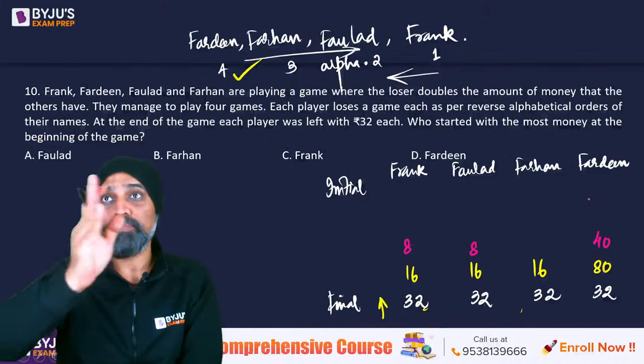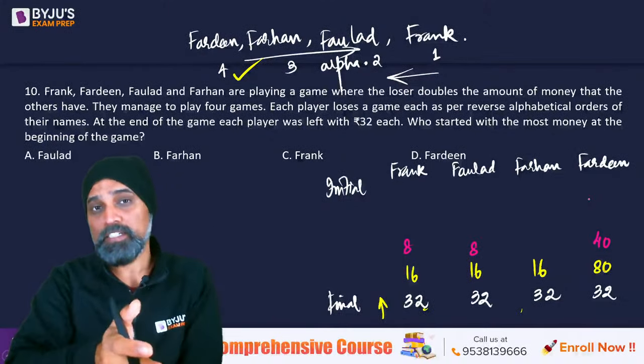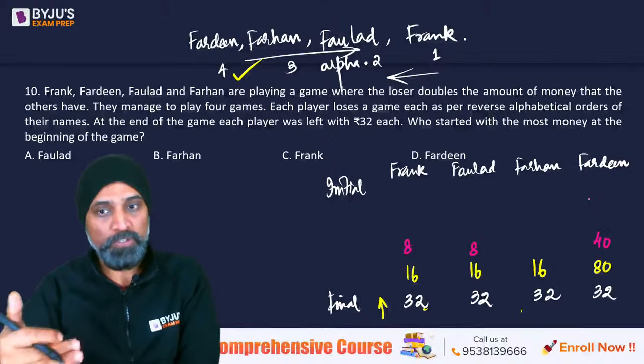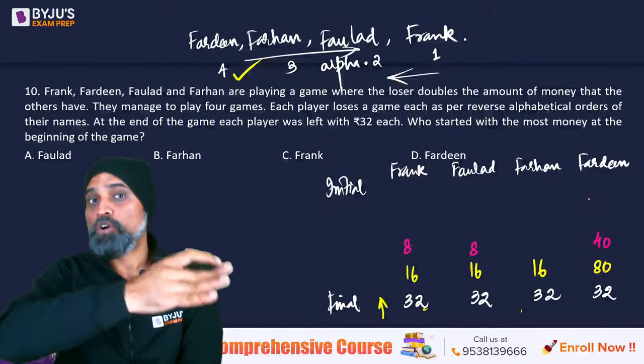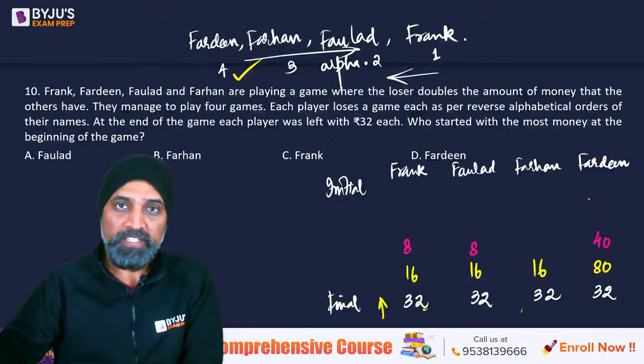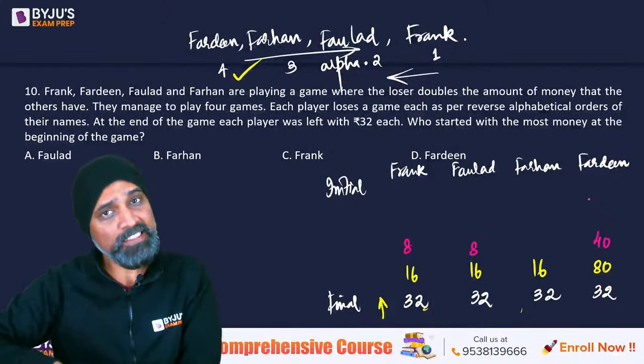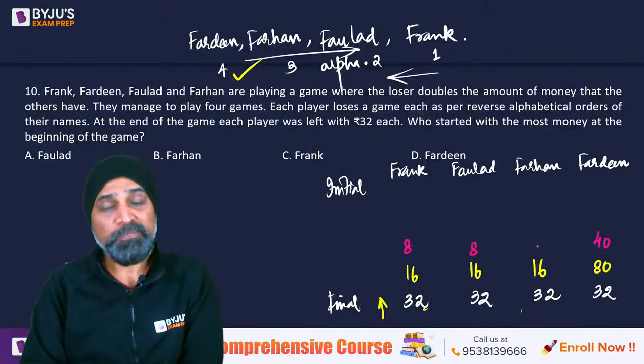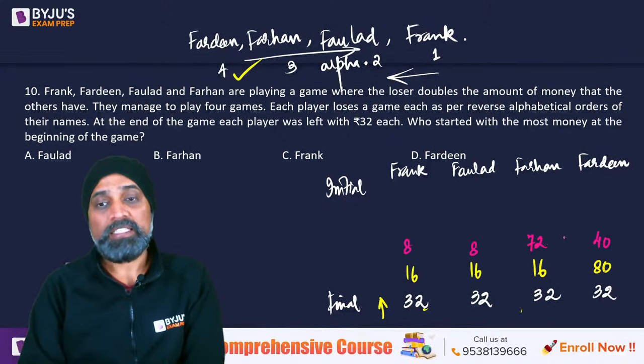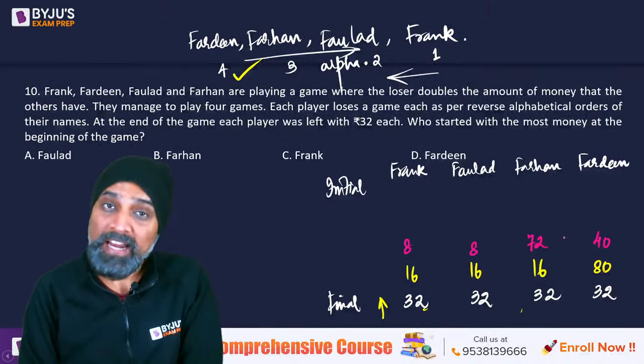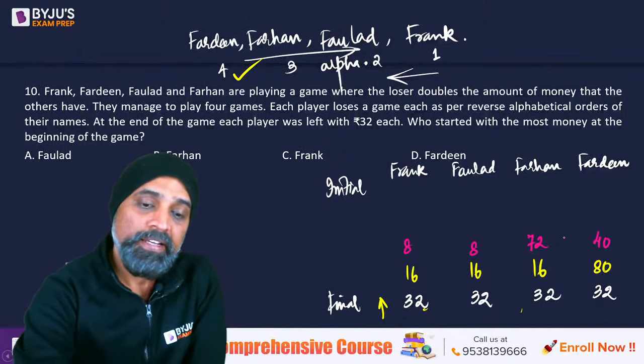So that is 40 plus 8 plus 8, which is 56. So 56 rupees was given by Farhan overall to these 3 guys. And he already has 16, right? So 56 plus 16, that is going to give us 72. That's what Farhan must have had already, right?